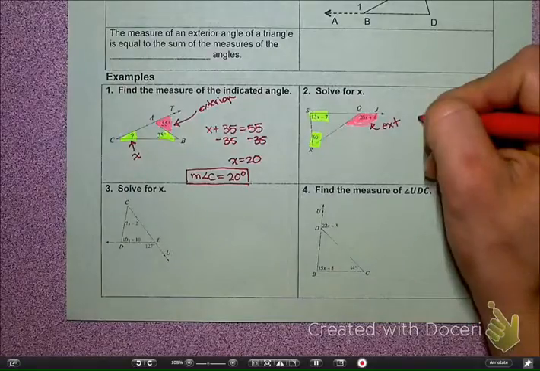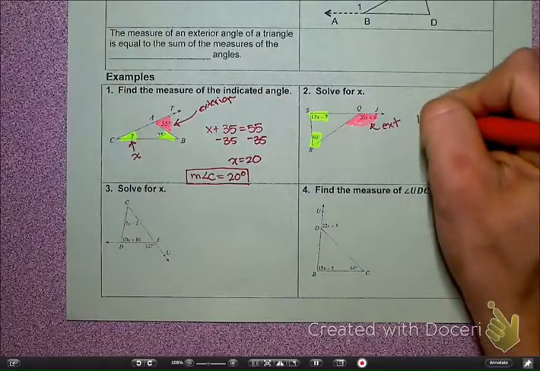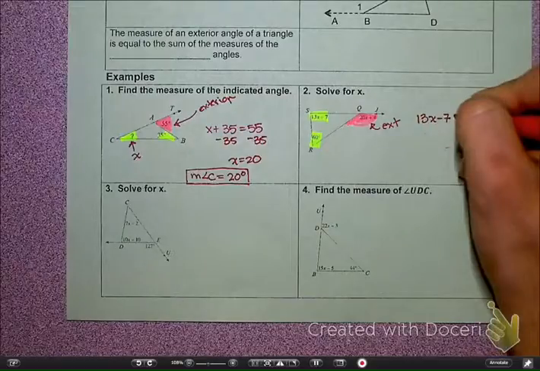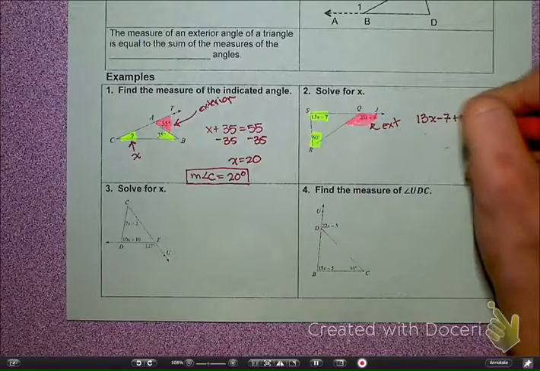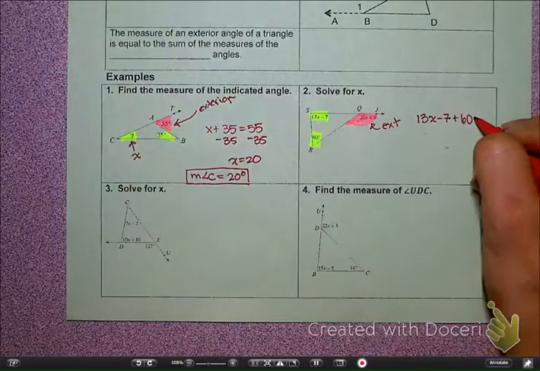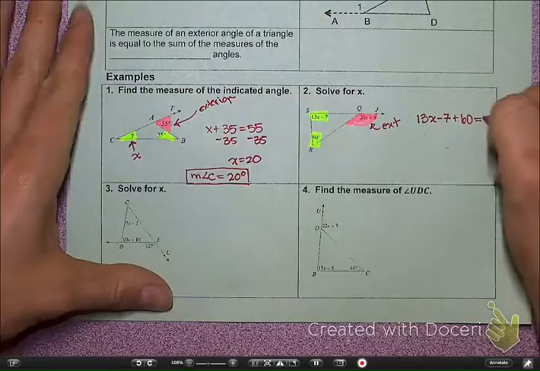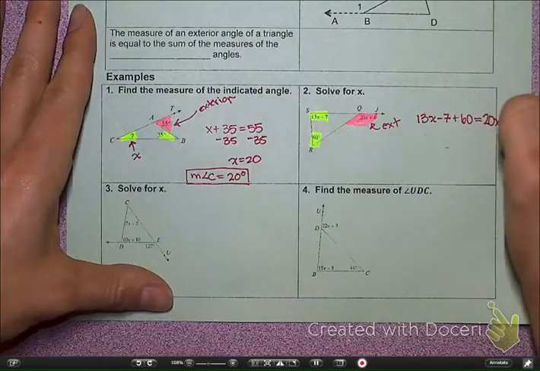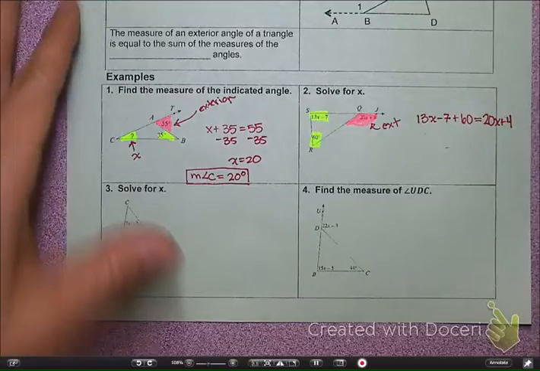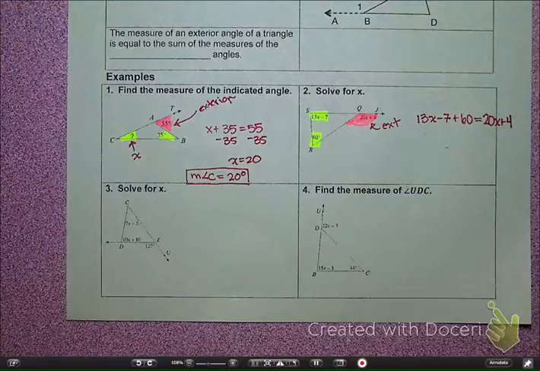Okay, 13x minus 7 plus 60, so we're adding up these two, equals how much? 20x plus 4, right? So the two remote interiors add up to make the exterior, okay?